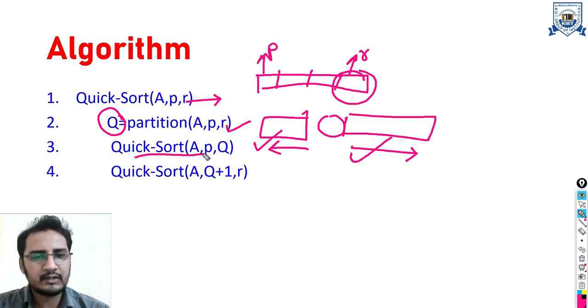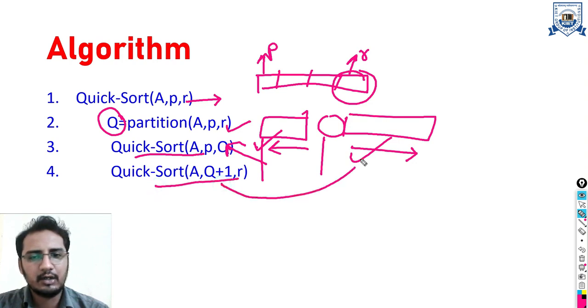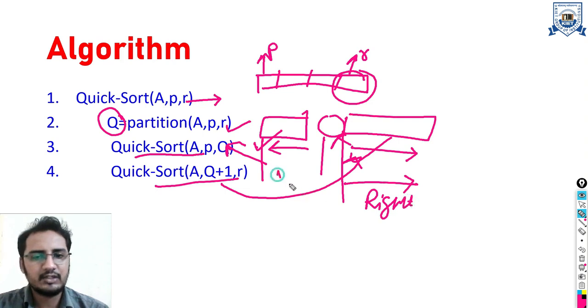So you are calling quicksort on the array A from the starting till the pivot. Okay. And you're calling quicksort on the array A from the next element of the pivot to the end, that is on the right part. Okay. And this is your left part. So this is how you design a quicksort algorithm.